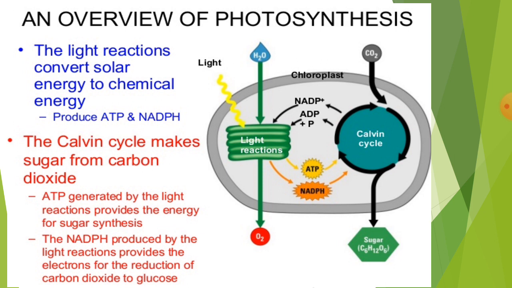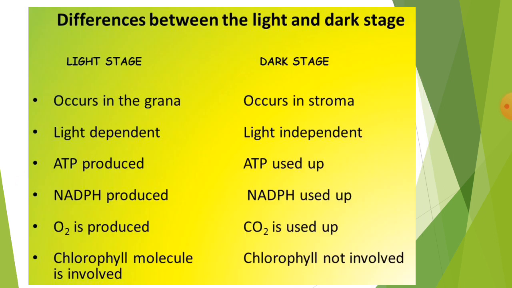As we have seen, glucose is formed at the end. ATP generated by the light reactions provides the energy for sugar synthesis. The NADPH produced by the light reactions provides the electrons for the reduction of carbon dioxide to glucose. So it's an overview of both the light and dark reactions of photosynthesis.